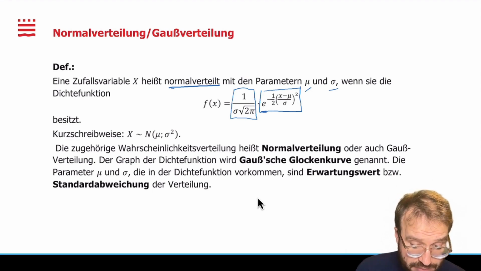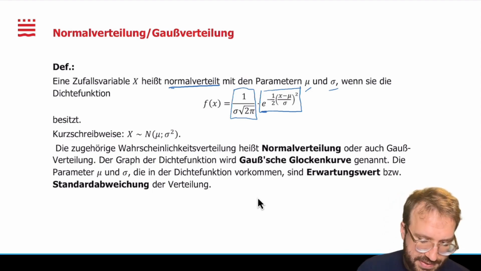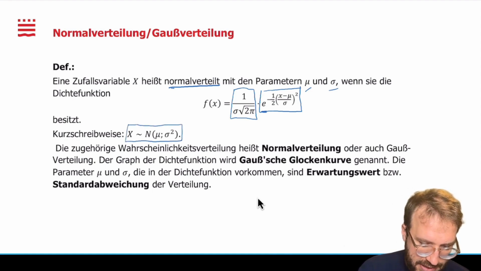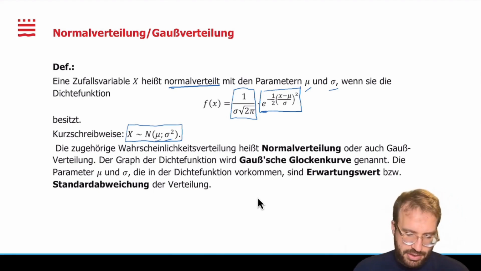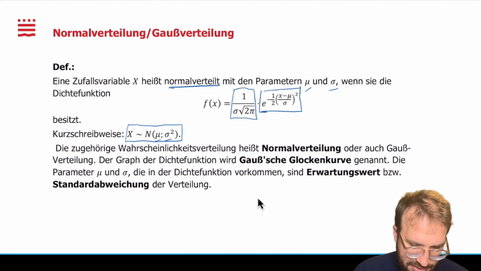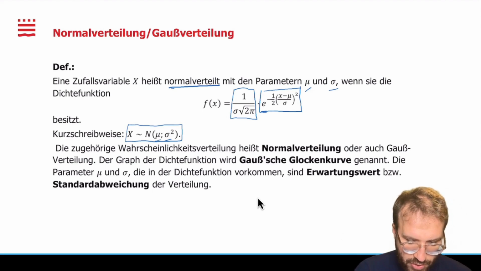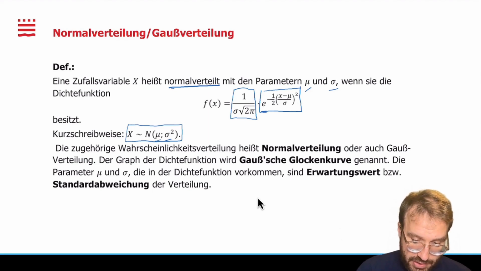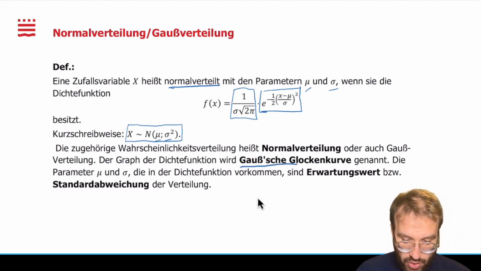We write, when the random variable is normally distributed, X tilde N for normal distribution, and then mu and sigma squared. So we specify the variance and the expected value. We call this the normal distribution, or also Gaussian distribution, or Gaussian normal distribution. And the graph of this density function is often called the Gaussian bell curve because it looks like a bell.